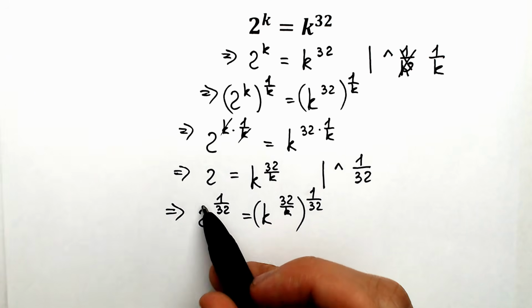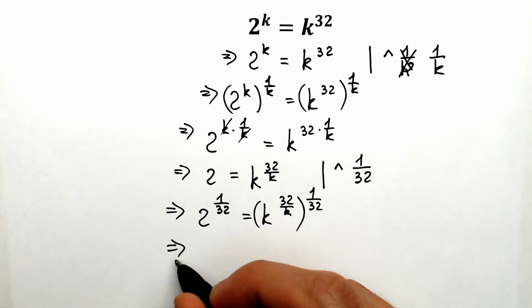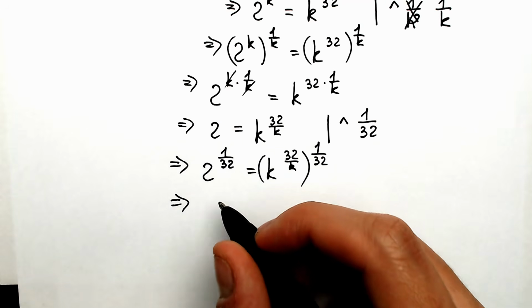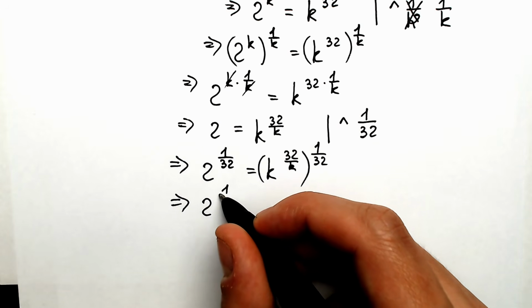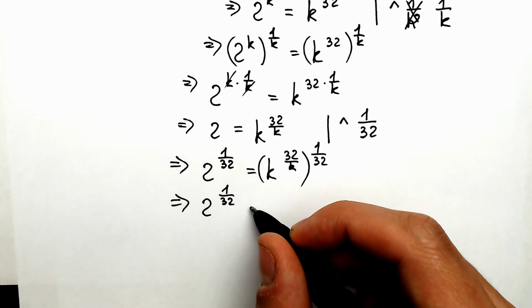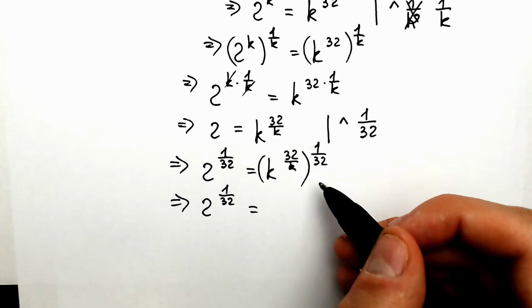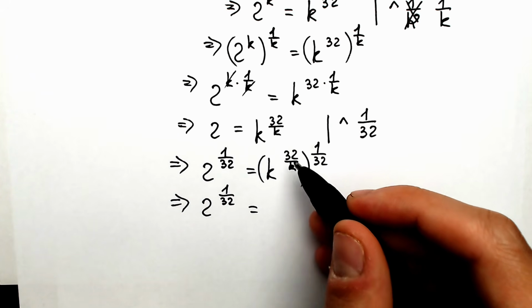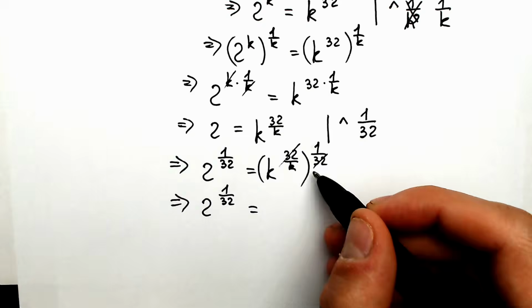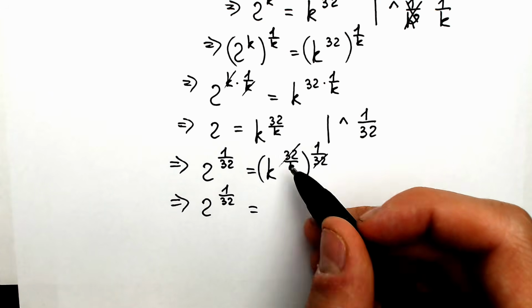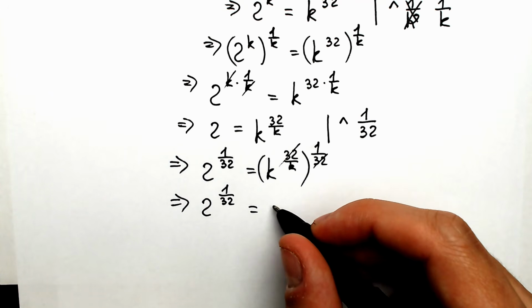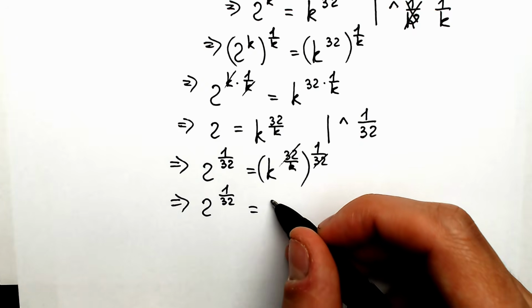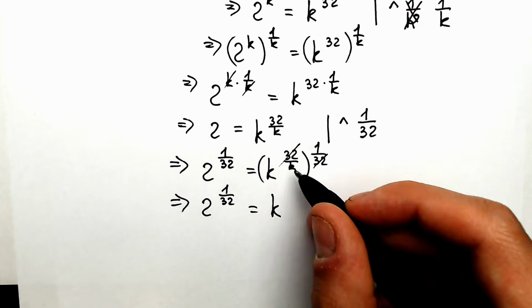On the left side we can leave this without any changes, because this is our constant, 2 to the power 1 over 32. And on the right side we can easily cancel this 32, because when we multiply the powers, this 32 is in the numerator, so we can cancel it, and we end up with k to the power 1 over k.